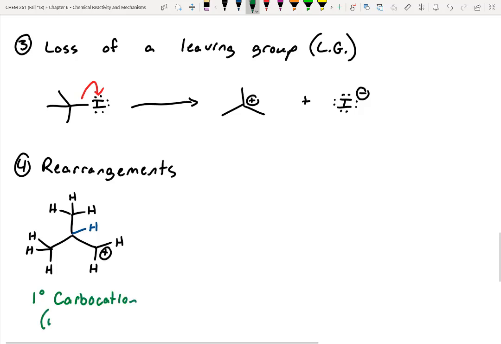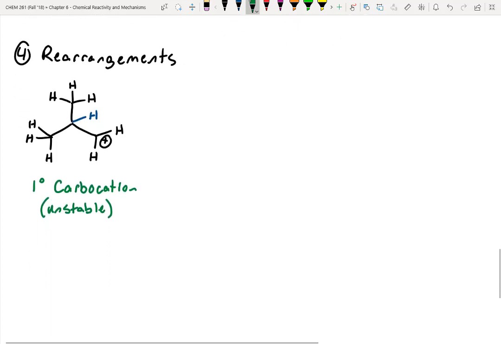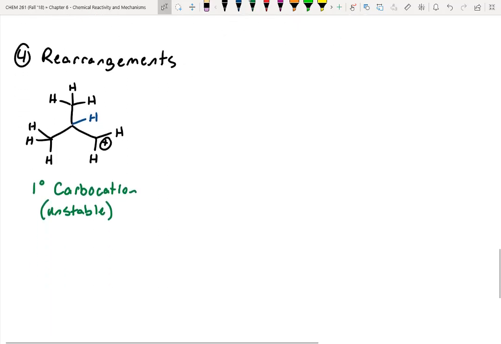These are unstable, meaning they are really, really unhappy having a positive charge on that primary position. So what happens in a rearrangement is you can essentially have a next door neighbor jump in and take that carbocation's spot. So in this reaction, what's going to happen is this blue hydrogen is actually just going to jump over into that carbocation position.